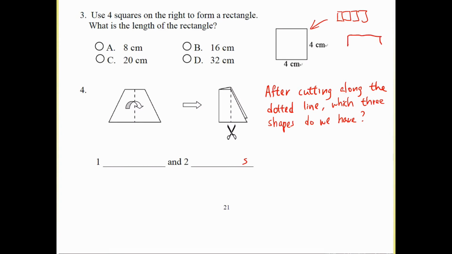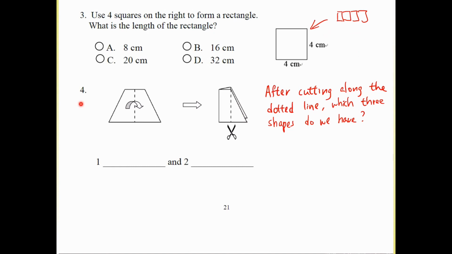So if we are asked to find the length of a rectangle, we're referring to the longer side. So this would be the length, and then this one would be the width. So here we are trying to find the measurement of the longer side of the rectangle.